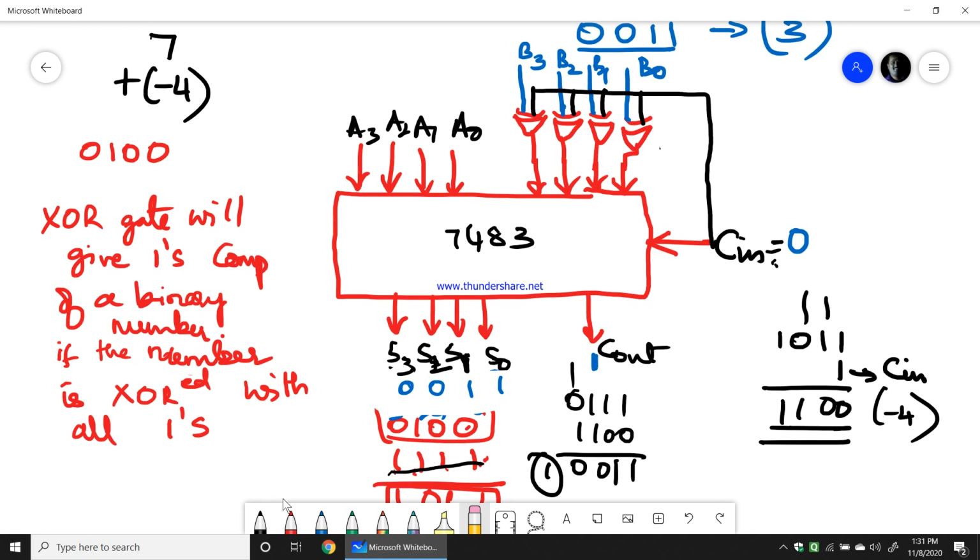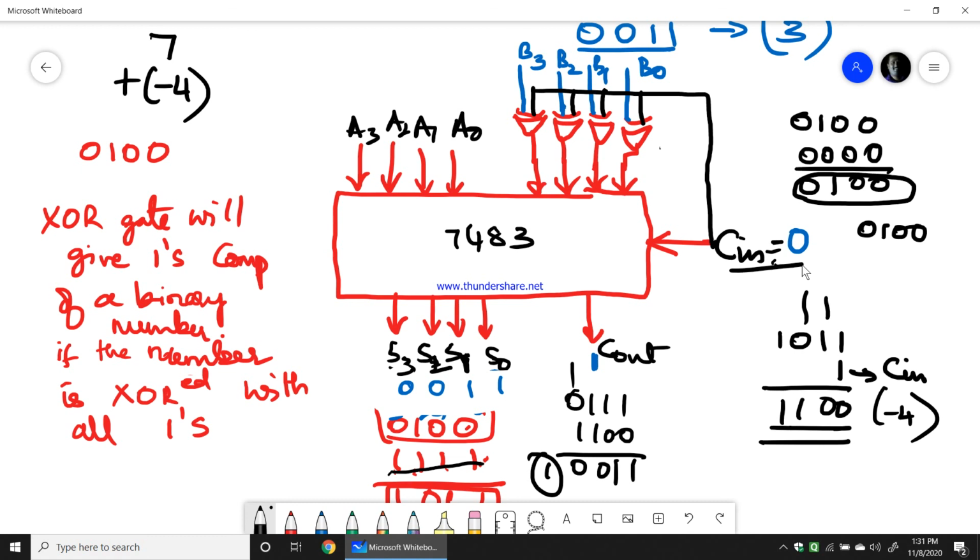So if I give 0, 1, 0, 0 as the 4, and if I XOR this with all zeros, I will get the same data out of this particular XOR gate. I will get the same 0, 1, 0, 0. Now that 0, 1, 0, 0 will again be added with Cin equals 0. I will again get 0, 1, 0, 0. Then this 0, 1, 0, 0 will be added with 7.